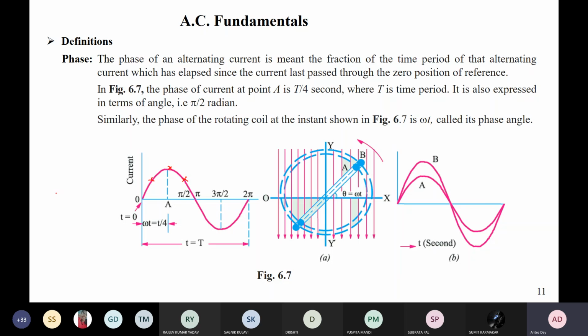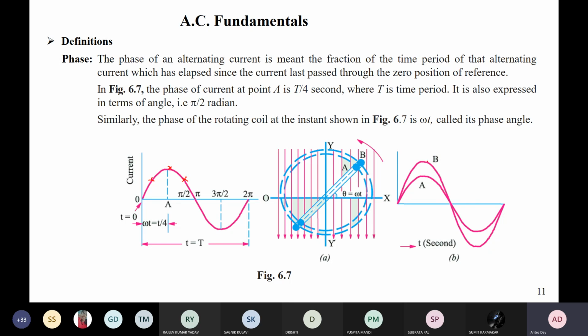We just need to multiply with omega, your frequency in radian per second, then we get the angle. At this point, it is 1/4 of the total time period, so we can say it has a phase of 90 degrees. Accordingly, we'll get pi, 3 pi by 2, 2 pi.